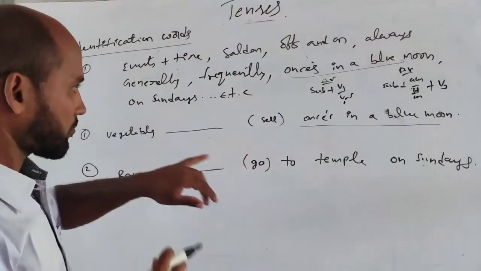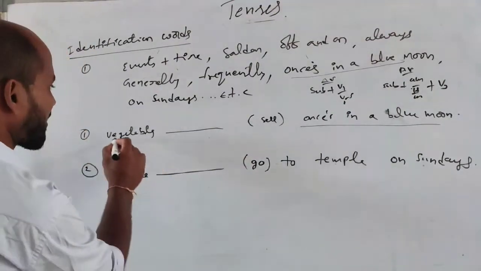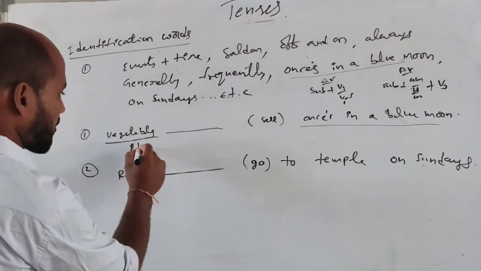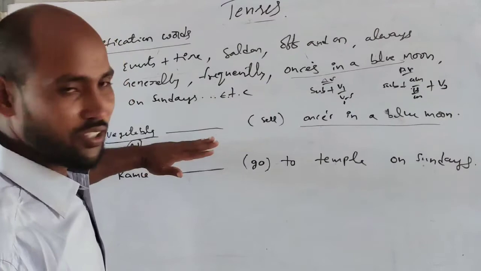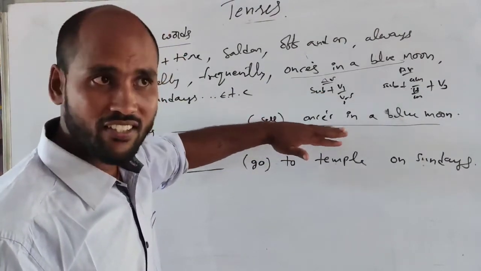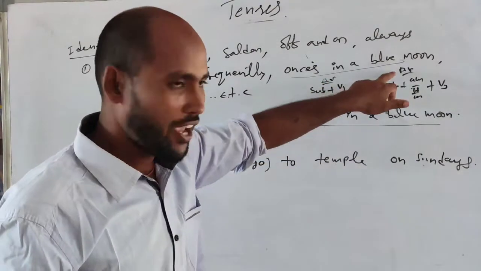Here, we already know the subject. Vegetables is singular or plural? You know very well, vegetables is a plural subject. So first we know whether this sentence follows the active voice structure or the passive voice structure.